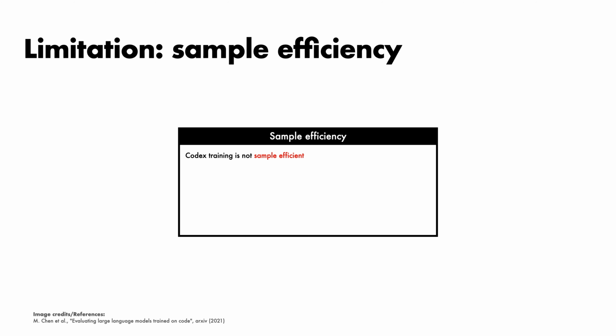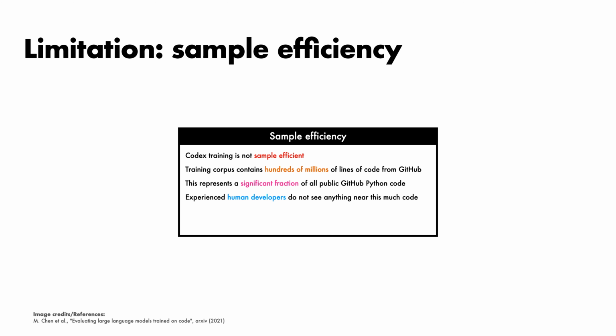One major limitation is that Codex training is not sample efficient. The training corpus used to produce Codex contains hundreds of millions of lines of code from GitHub, and in fact represents a significant fraction of all publicly available Python code on the platform. By contrast, even the most experienced human developers do not see anything like this much code in their working careers.